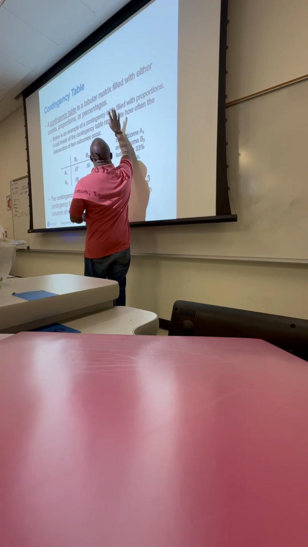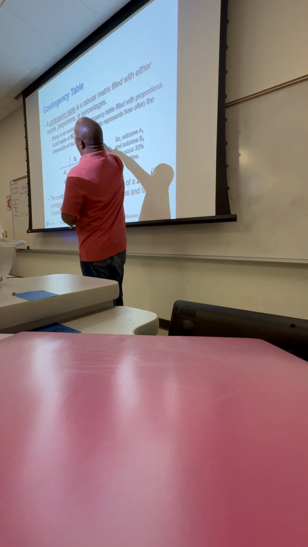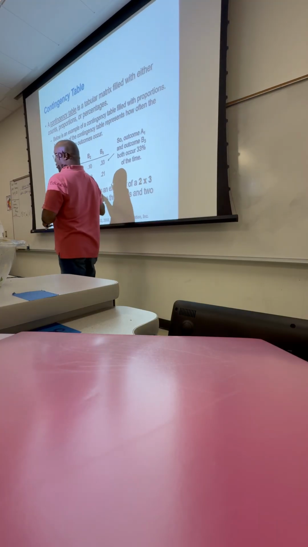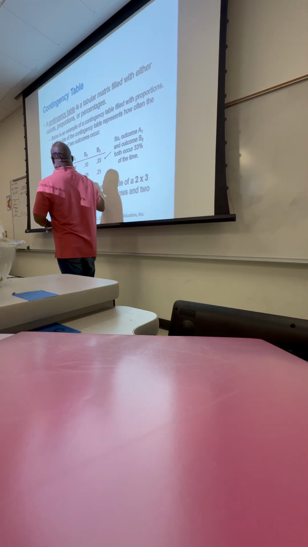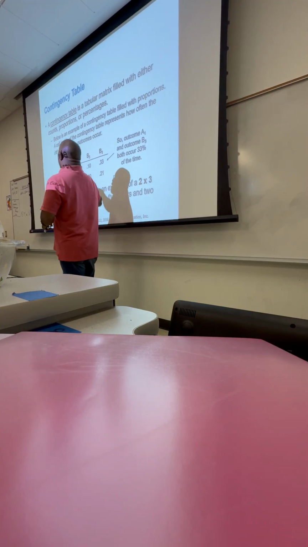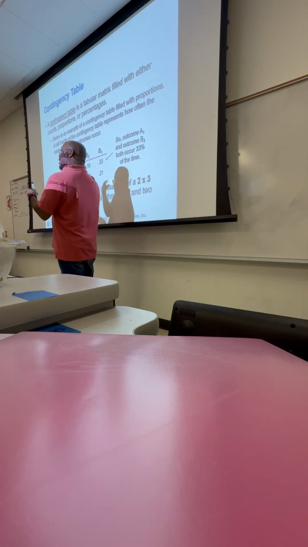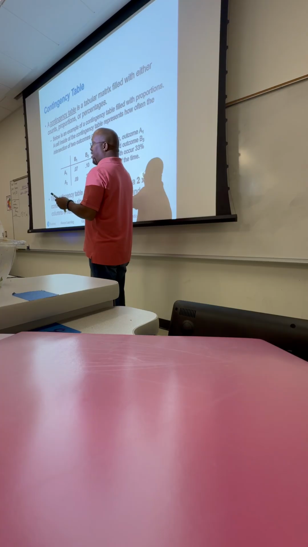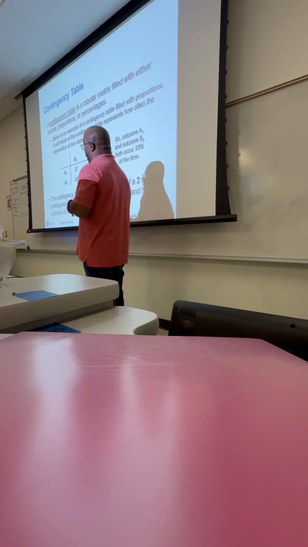It's a tabular matrix filled with either counts, proportions, or percentages. So here we have proportions, right? But you could put counts in there. And even if I use counts, the pedagogy that we're going to talk about for calculating probabilities is still going to be the same. Okay?